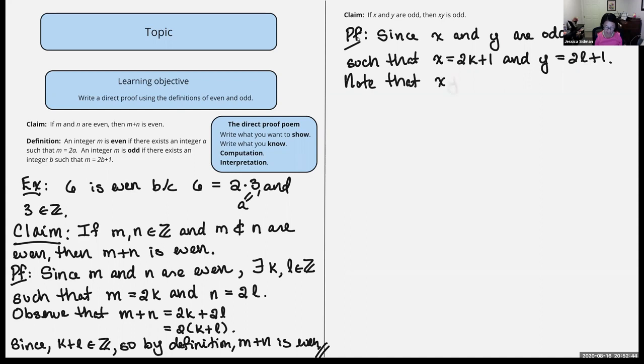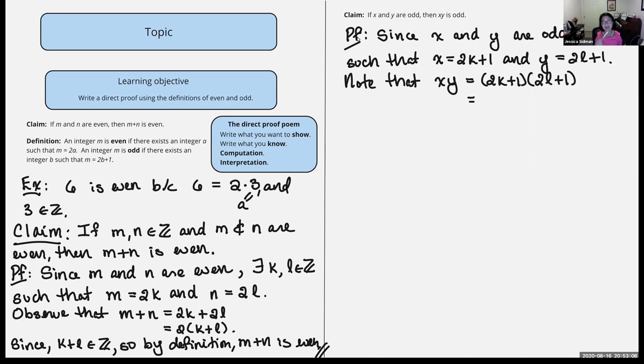Note that the quantity xy is equal to 2k plus 1 times 2l plus 1, based on my definition and the line above. Now here the computation might be a little longer than last time, so we'll have to do some algebra. And sometimes you have to have a little bit of algebraic perseverance.